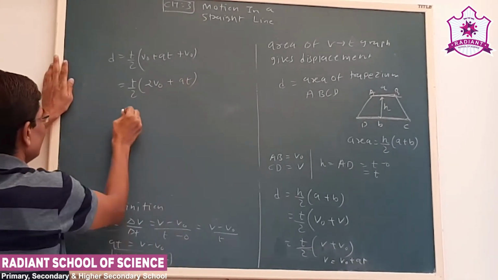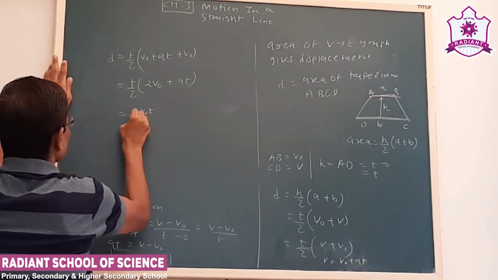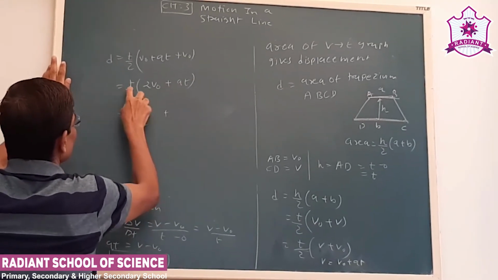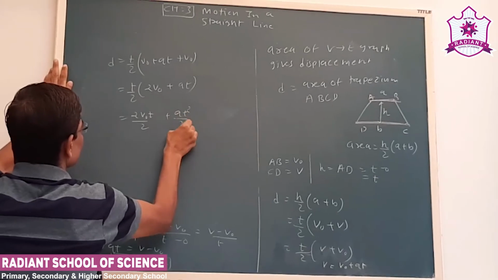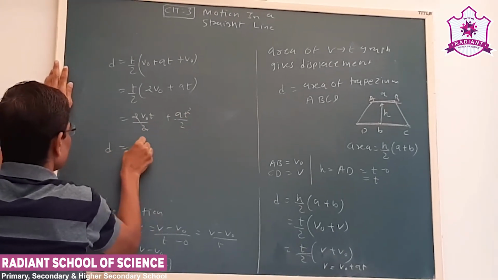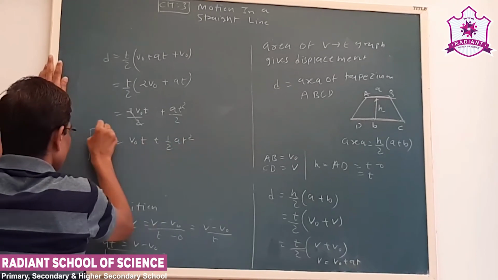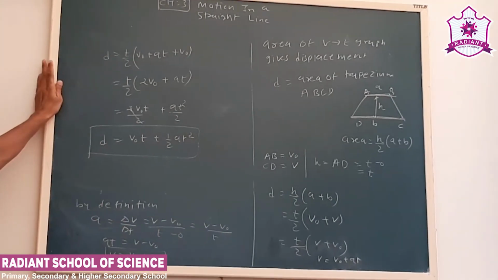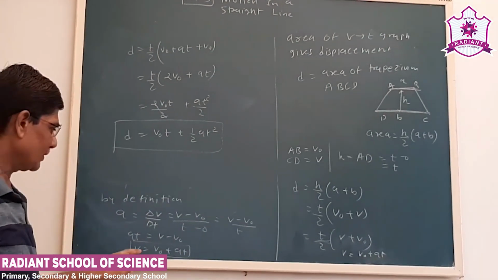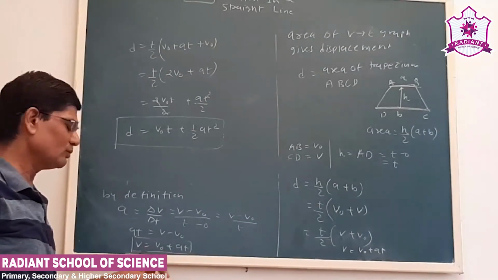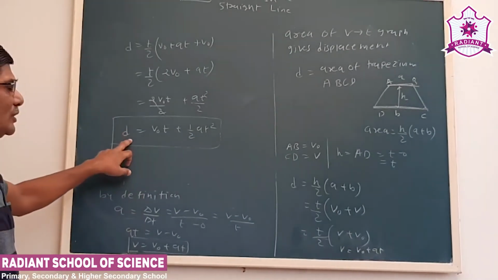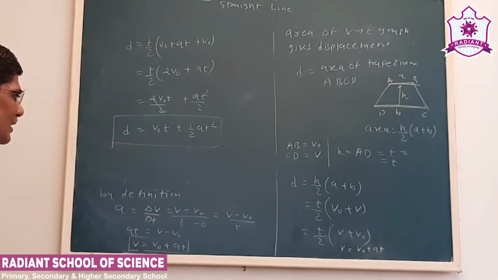Now if I simplify, at into t will make at square. This is another important kinematic equation. The first equation was v is equal to v0 plus at. The second, for the displacement, is d is equal to v0 t plus half at square.